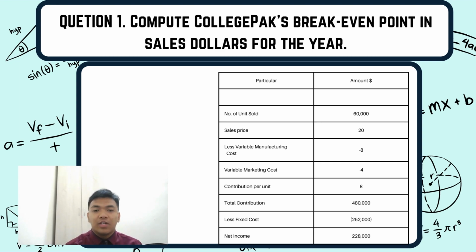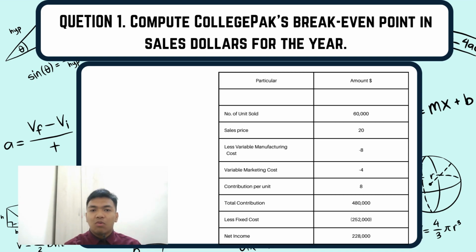Before we find the break-even point, we must do the income statement first. The sales price, which is $20, is less the variable manufacturing cost, which is $8, and then less the variable marketing cost, which is $4. After calculation, we get the contribution per unit, which is $8.